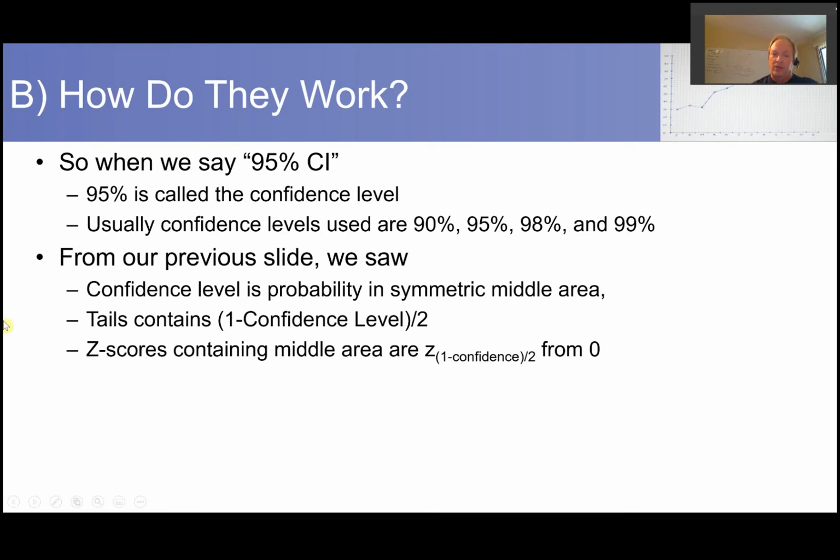And so this told us that the z-scores containing this middle area are z sub 1 minus confidence divided by 2 from 0. These are our z-scores that bracket the middle confidence level area for a standard normal distribution.